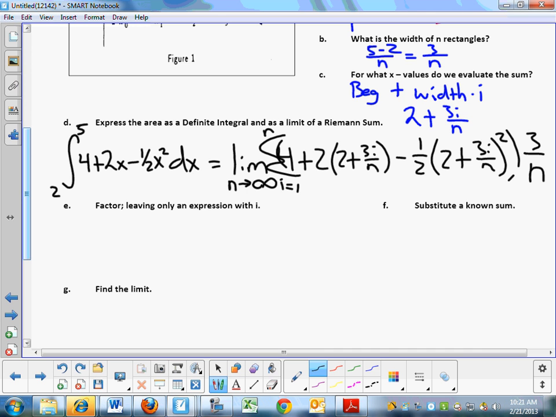All right, so we've got the limit as n goes to infinity of the sum from i equals 1 to n. Shh, boys and girls. 4 plus 2 times 2 plus 3i over n minus 1/2 times 2 plus 3i over n, quantity squared. That entire quantity times 3 over n. What does 3 over n represent? The width. Okay.